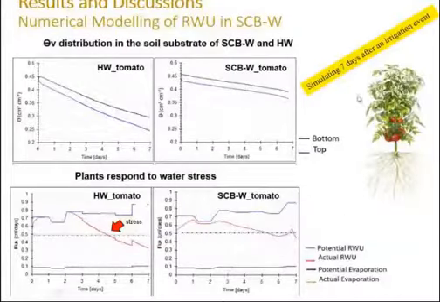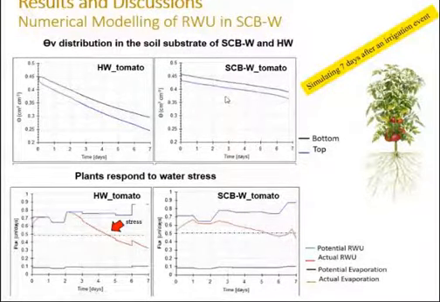Whereas for the smart soil, because of the capillary barrier, it stores water and the water does not evaporate very fast from the soil. We can see that it maintained the moisture content, and even after 7 days it was still above 0.35, which means that you have more water in the soil as compared to the control.